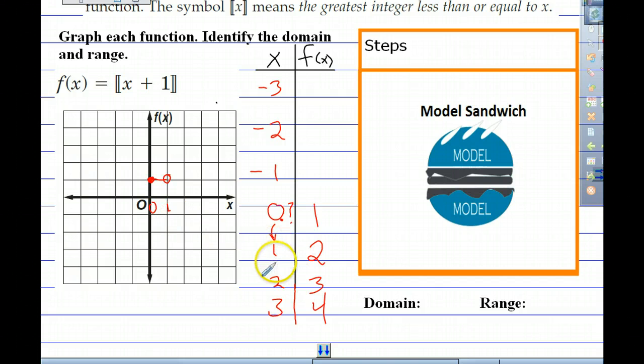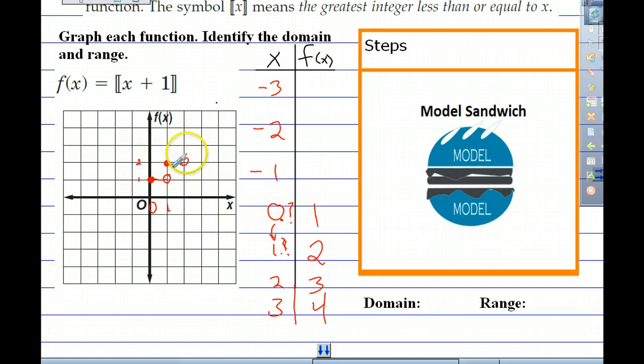So what happens at 1? 1 is where it jumps, so 1 is equal to 2. And then 1 point anything, 1.75 boxes, 1.5 boxes, it all gets you the same thing. So all my answers are 2.